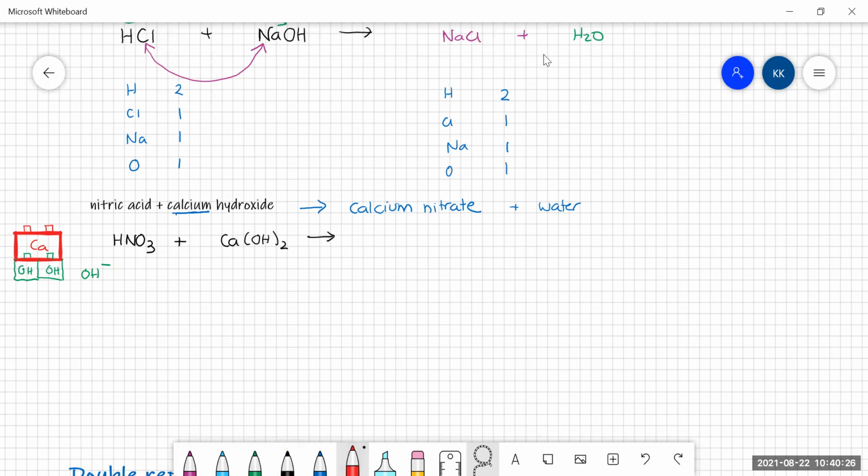Again, we see the calcium ion. And this time we're combining it with the nitrate ion, which is NO3-. So this again has a charge of -1, and therefore it has a valence of 1.